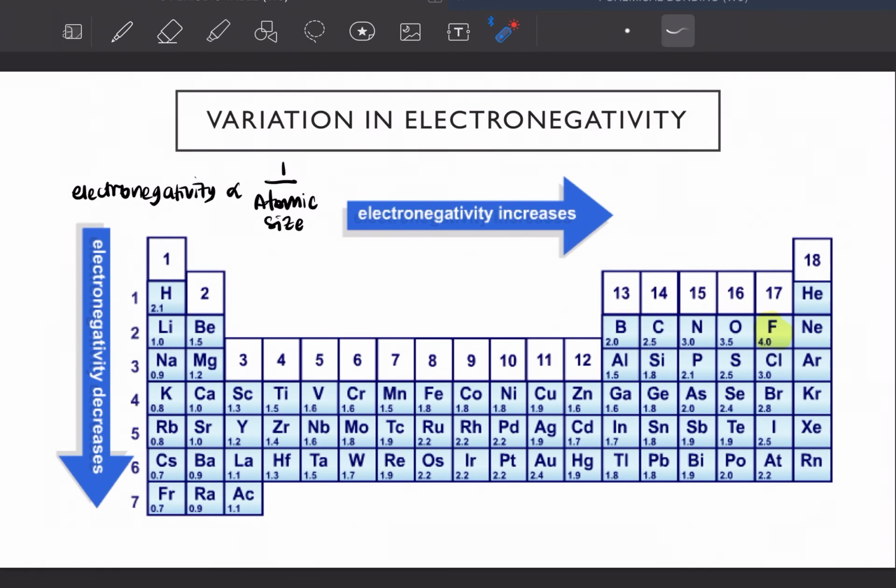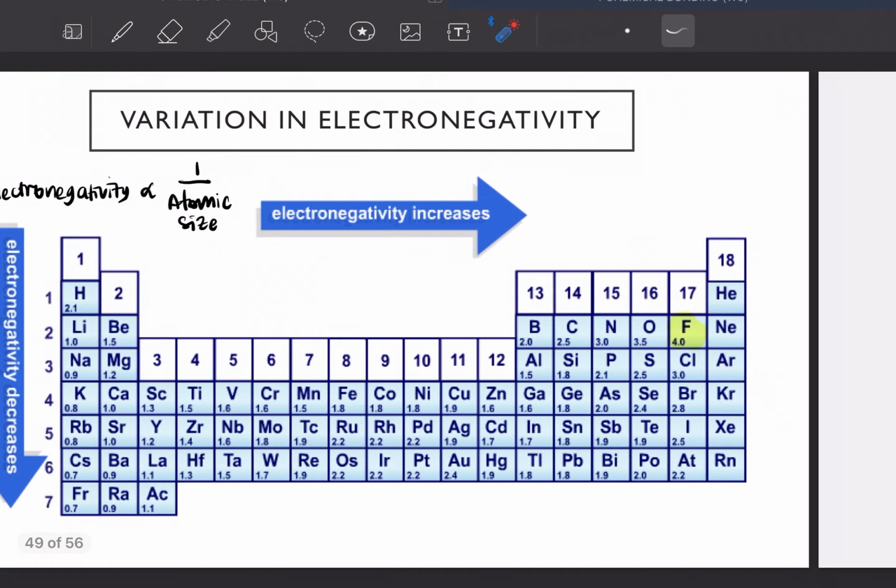Right. So this is just to tell you that as atomic size increases, your electronegativity decreases. It is inversely proportional. Or as your atomic size decreases, your electronegativity increases. So this is your periodic table.